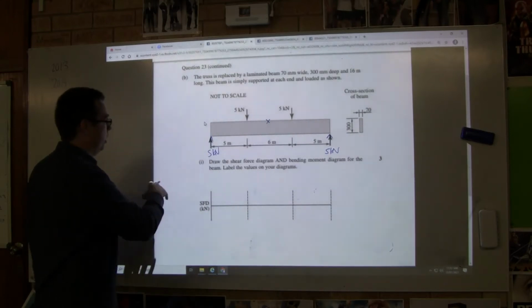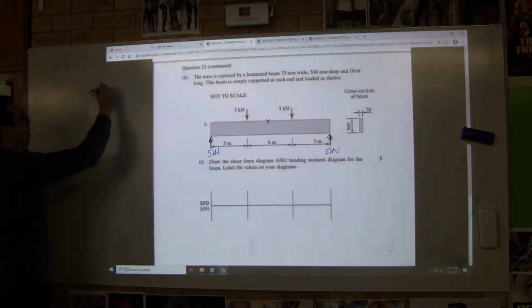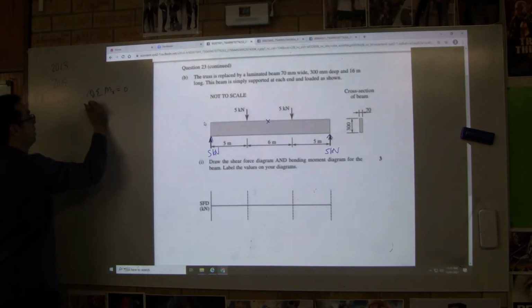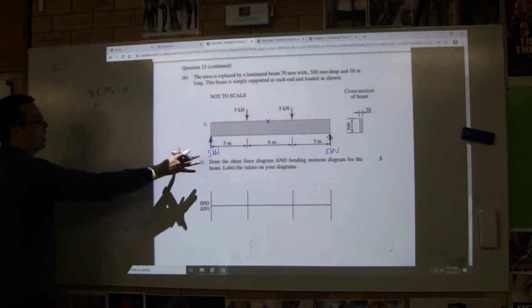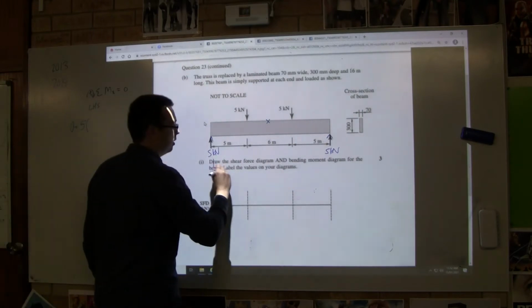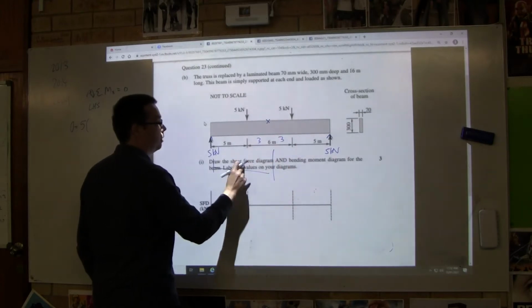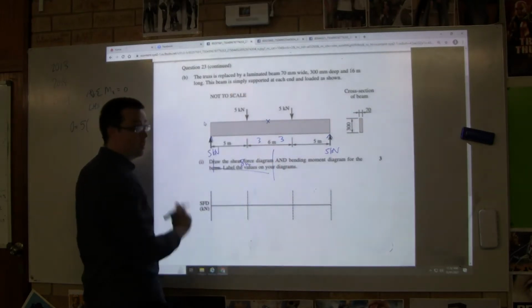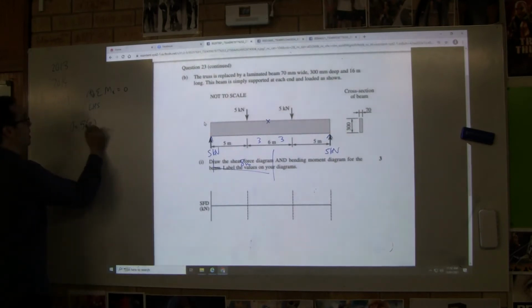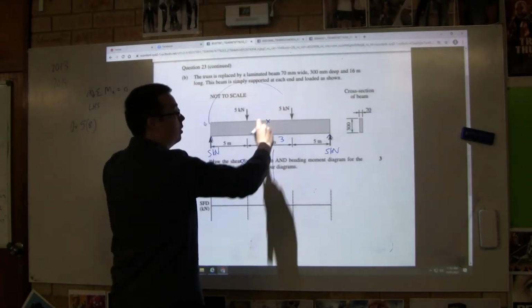So if I say over here, I'll use the space. The sum of the moments about x equals 0, and we just take the left-hand side only. What we're going to have is 5, and what's the distance? It's going to be 8, half of 16. Yep, 5 times 8. Is that going clockwise or anti-clockwise? It's going about x, it's going to go clockwise.